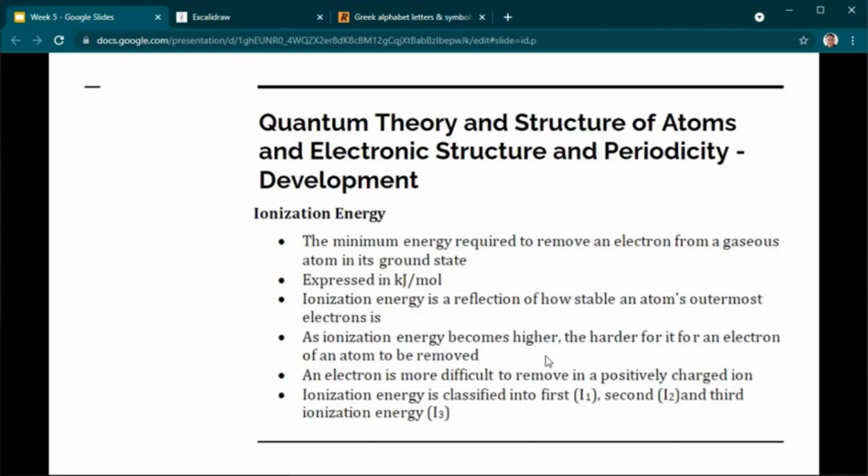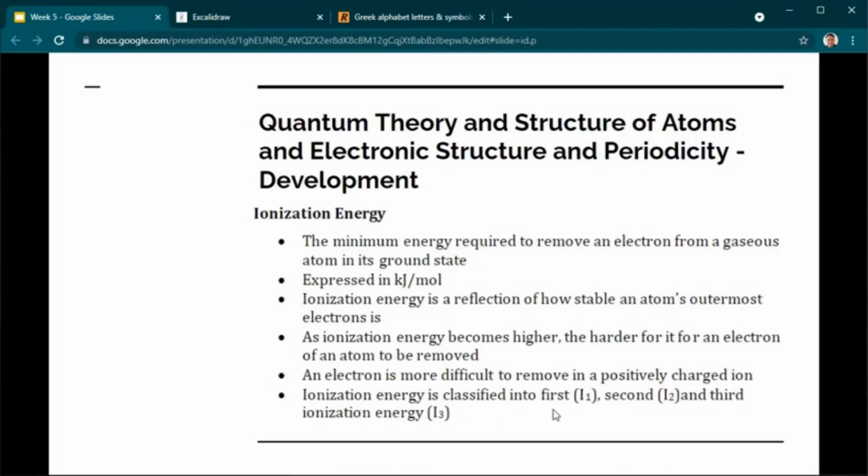As ionization energy becomes higher, it is harder for an electron of an atom to be removed. Okay, so this is related to the pull of the nucleus on the electrons. So if the atom is more stable, the pull on that electron is very strong, so the ionization energy is very high, since it will take a lot of energy to remove that electron.